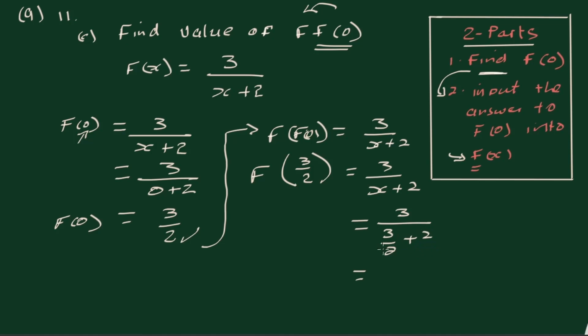Now to answer this question, because this is a fraction, you have a numerator. So 3 is the numerator and this is your denominator. So now we need to simplify the denominator. I could go to the common denominator here: 3 over 2 plus 2 over 1. So 2 into 2 is 1, 1 times 3 is 3, plus, how much, 1 into 2 is 2, 2 times 2 is 4.